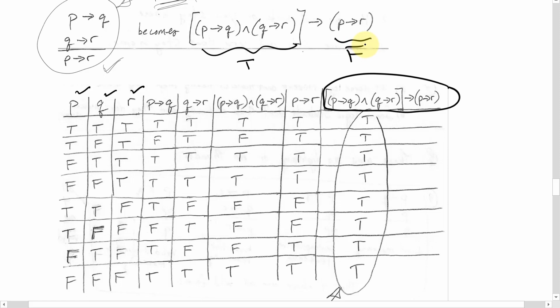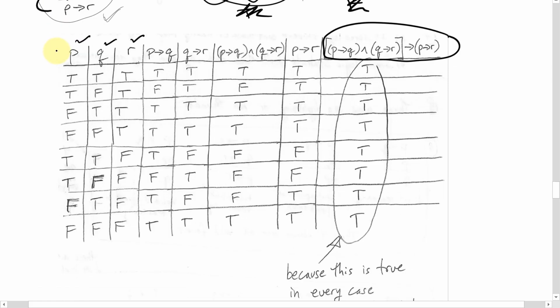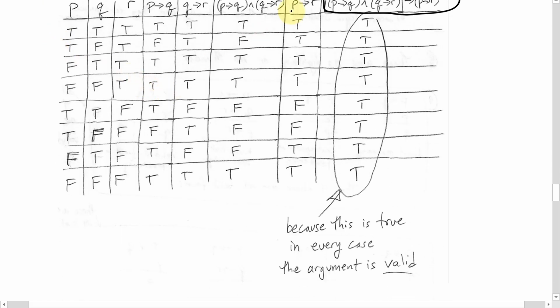That just never happens. Because if it ever happened, one of these would have been false. It is always true. So this will always imply that. This is a valid form of reasoning. And so that's the answer. Because this is true in every case, the argument is a valid argument.